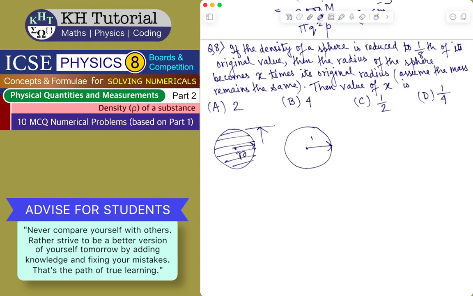Consider the radius of the sphere to be small r. Now, this is a solid sphere, so what is the volume of a solid sphere of radius r?